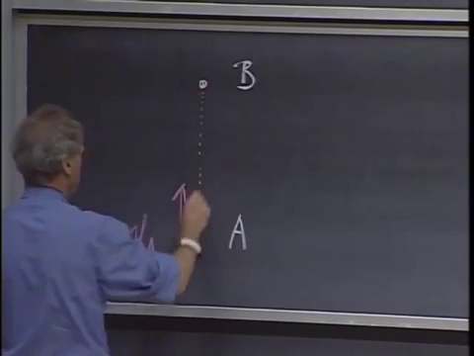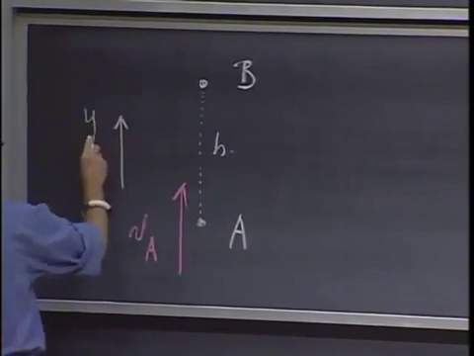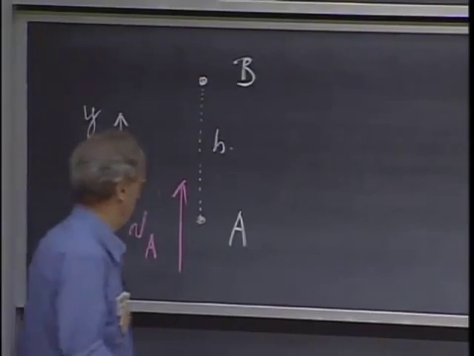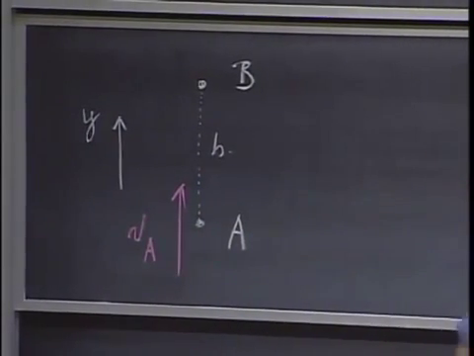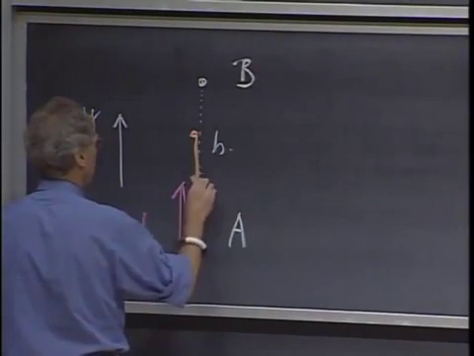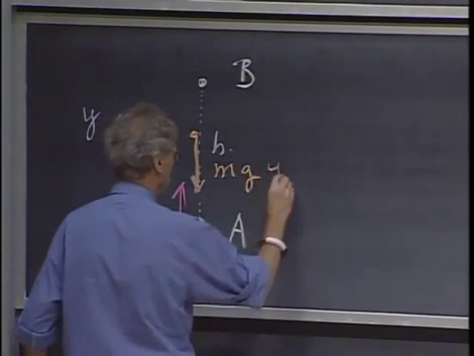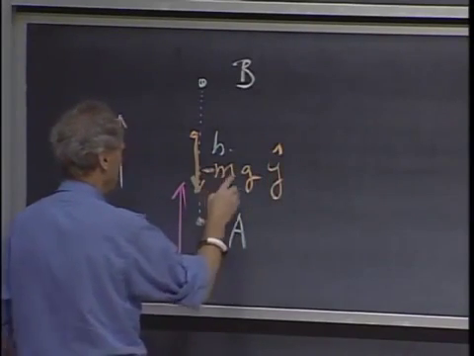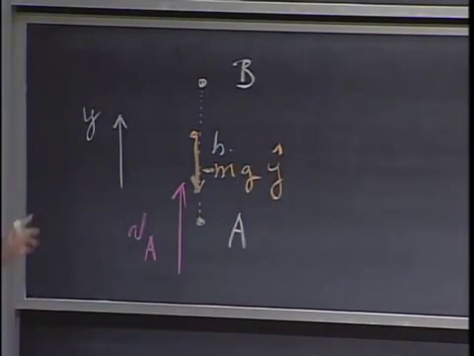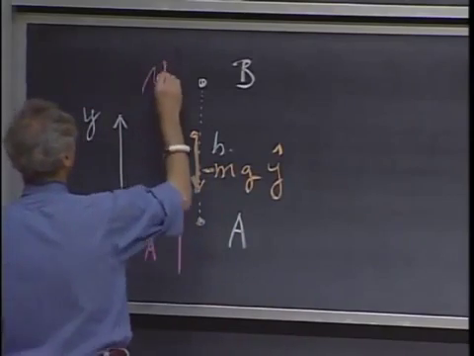And let the separation be h, and this could be my increasing y direction. The object has a mass m, and so there is a gravitational force, which is mg, and if I want to give it a vector notation, it's mg y roof, with y increasing. When it reaches point B, it comes to a halt.